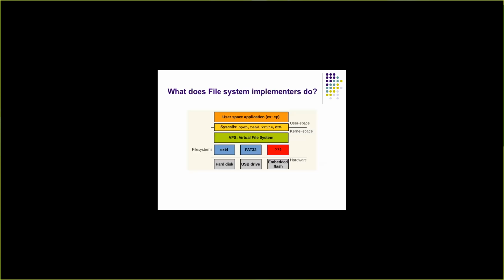File system implementers just implement the file system, and these file systems could be added as Linux kernel modules, or they could be added as modules that you may need to enable when you are configuring Linux. If you have ever built the Linux kernel, you need to do make config, where you can configure the kernel to have different components.